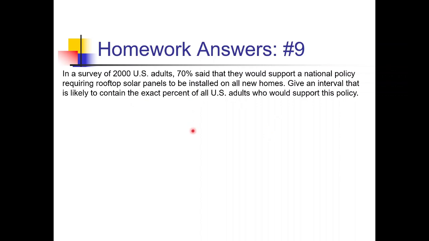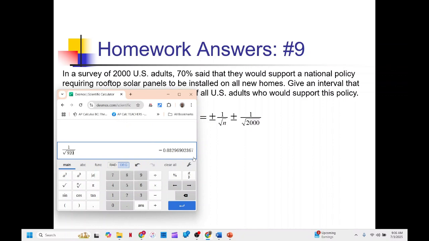So let's start by getting our margin of error for this survey. We have 2,000 U.S. adults, and the margin of error is plus or minus 1 over the square root of n, the sample size. So plus or minus 1 over the square root of 2,000. Let's find what that is on Desmos. So let's replace this value in here with 2,000. So we've got 0.022.